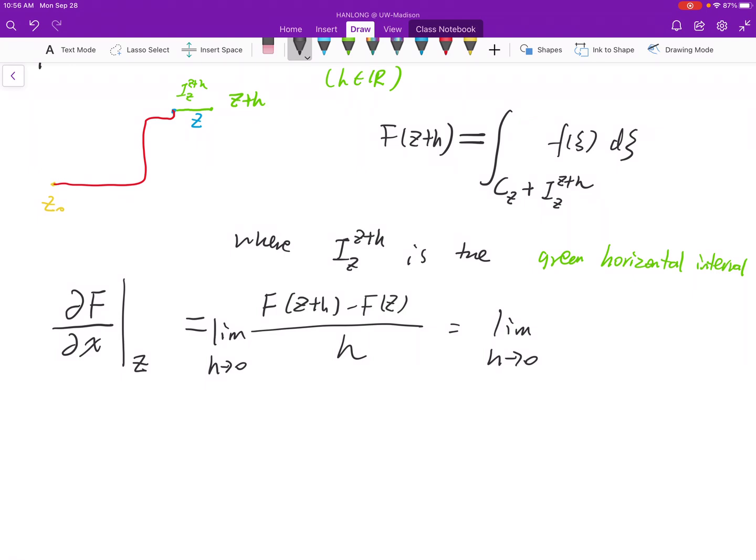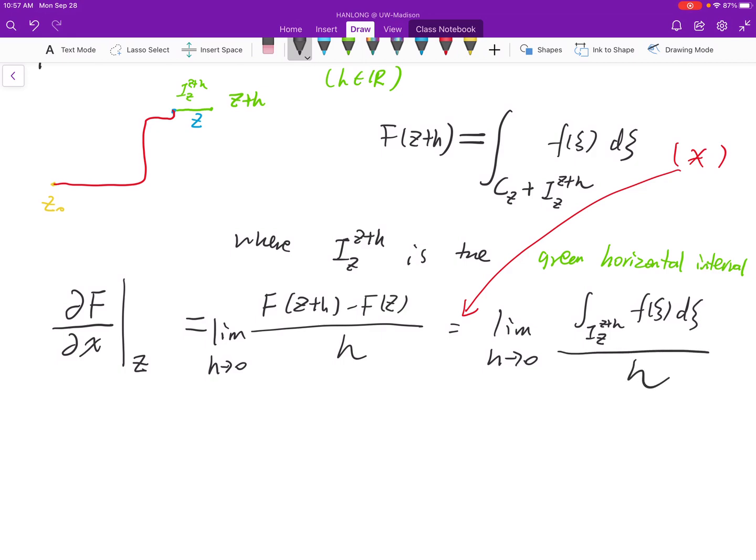And if you use the formula star, then you conclude the numerator gives you the integration along I_z of f(ζ) dζ divided by h, and then by the fundamental theorem of calculus, after parameterizing the curve, the line integral, you have this is f(z).